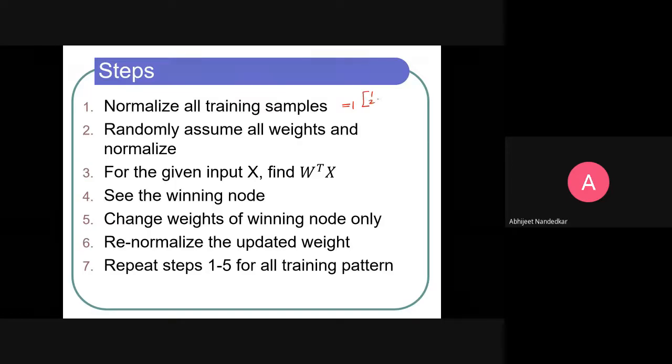I can give you a small example. If this is the training vector, then you can convert it into normalized form. Suppose this is x1, then x1 cap, which is the normalized version, will be equal to 1 over square root of 1 square plus 2 square, multiplied by [1, 2]. That will be 1 plus 4, 5, so 1 over root 5 and 2 over root 5.